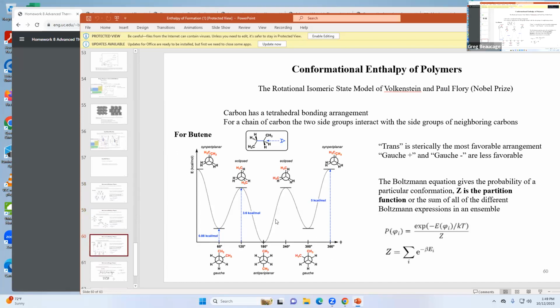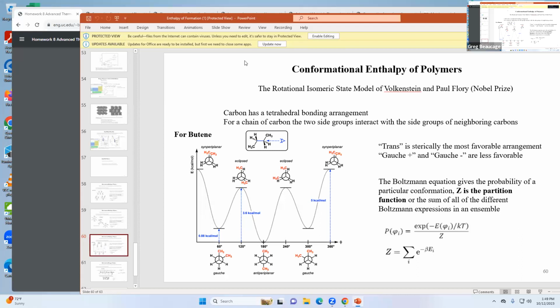This is about rotational isomers. Take ethylene, or butane, and spin the two groups around, and you get an energy map for the rotation about the center bond. From that you can calculate the whole chain's energy, right?